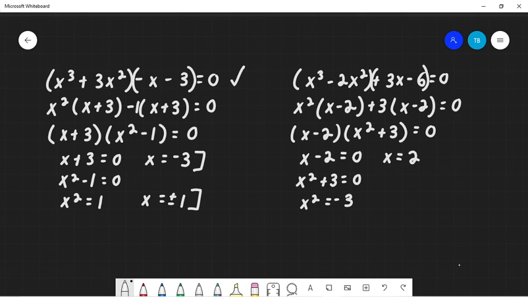Technically speaking, we do have what's called imaginary roots, so you may have learned about that in class already. But for our purposes, we're just going to stop right here and say that x squared equals negative 3. There's no solution to that, or no answer, so we'll just put NA here. So the only solution to our original equation up here is going to be x equals 2.